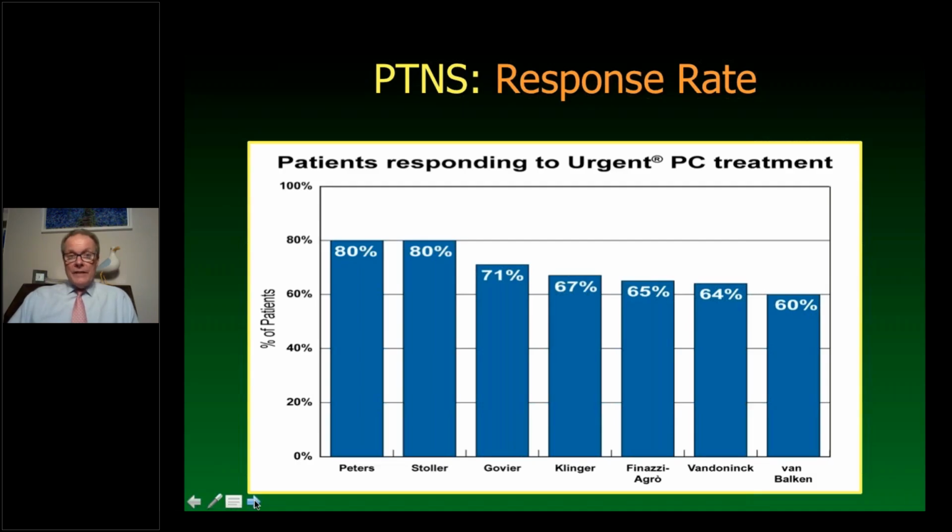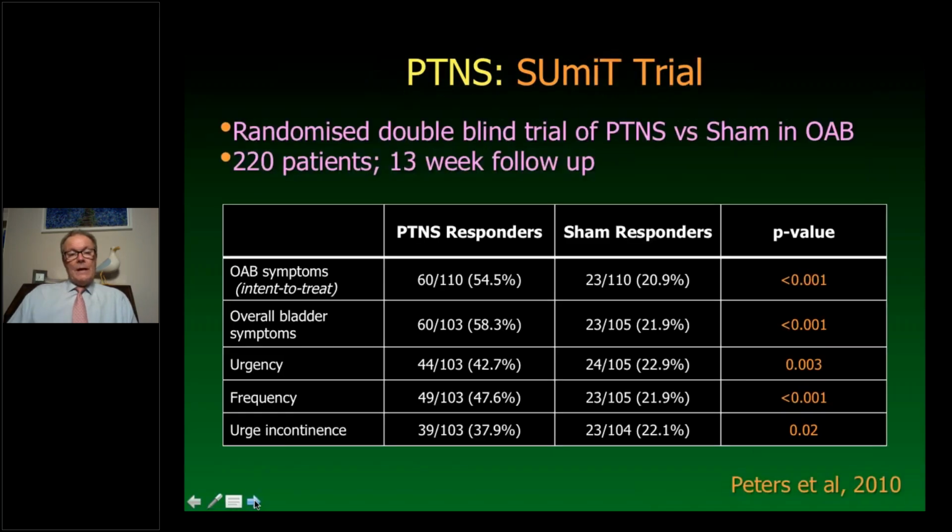If we look at the overall efficacy rates for PTNS, we can see this is somewhere between 80% dropping down to around 60%, depending on the study that we look at the results of. Now, I think many of us were concerned in the first instance that some of this may purely be placebo effect. So this is answered by this nice study by Peters and colleagues reported in 2010, which is a randomized double-blind trial of PTNS versus sham stimulation in 220 patients with overactive bladder.